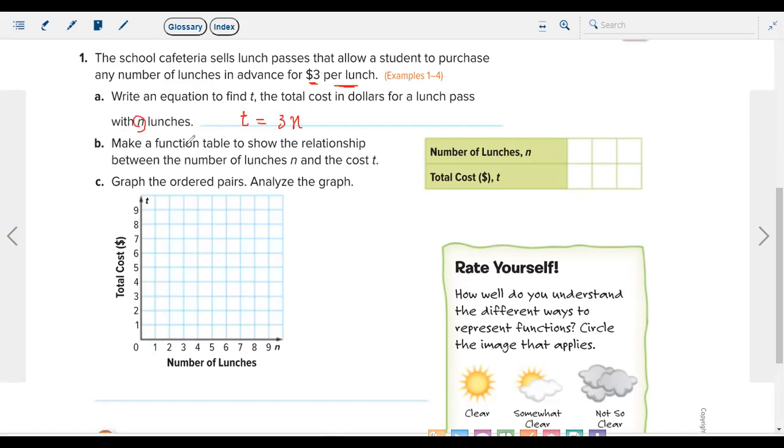B, make a function table to show the relationship between the number of lunches n and the cost. Okay, if this is 1, 3 times 1 is 3. If 2, it will give you 6. If 3, it gives you 9. If you have 0, it will give you 0 as well.